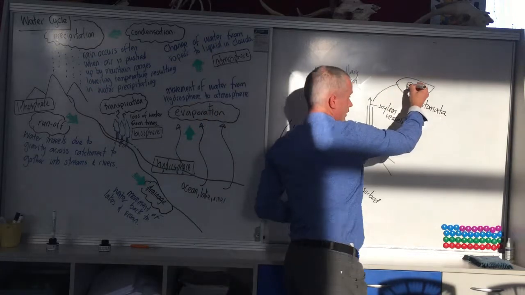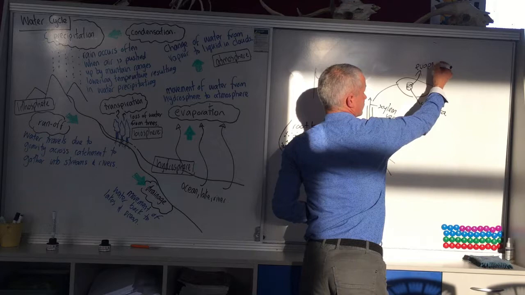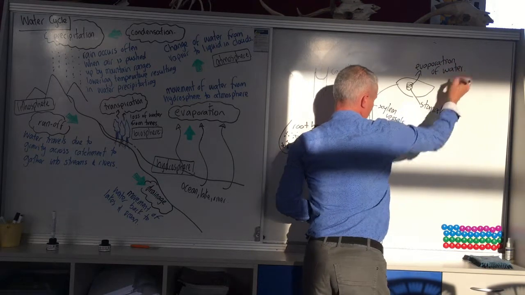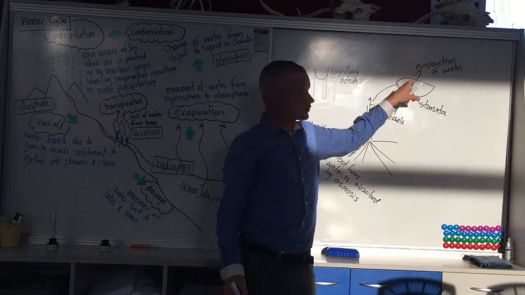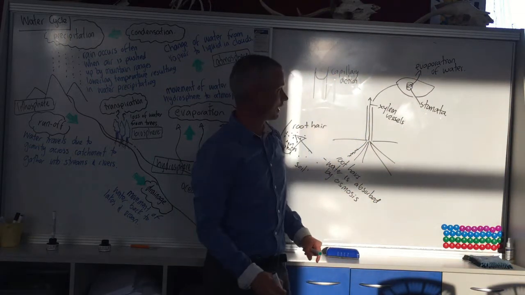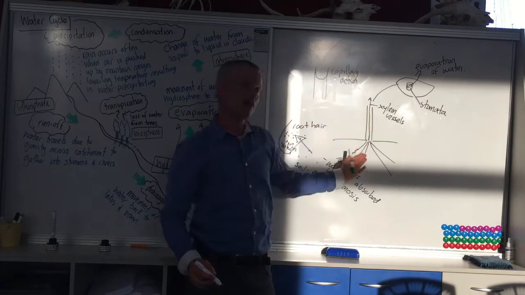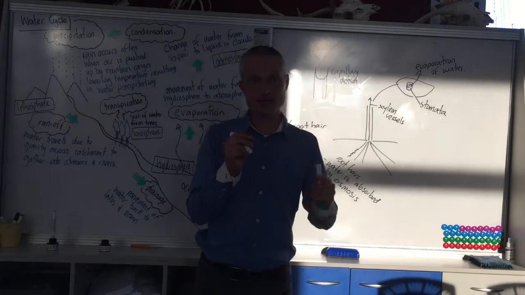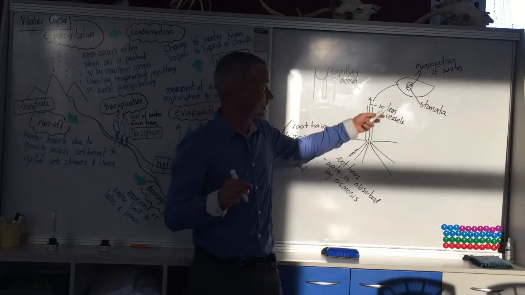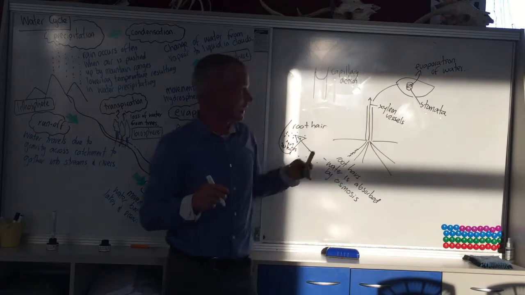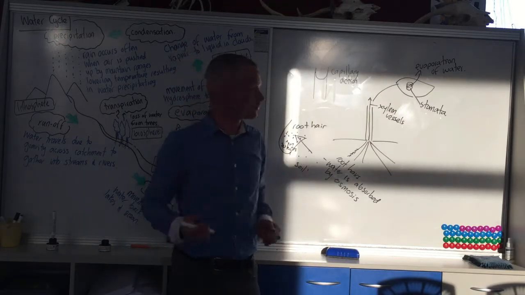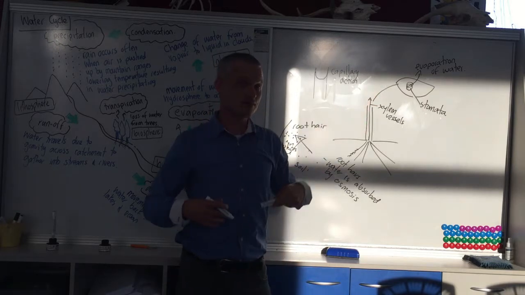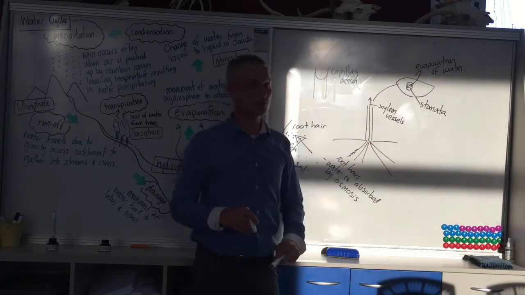And it's that loss of water through the stomata by evaporation that will draw the water up through the xylem vessel. So it's kind of like sucking on a straw. That's creating a negative pressure as you suck, and it's creating a negative pressure here too. And that negative pressure will help draw the water up through the xylem vessels. And that process is called transpiration. So the evaporation of water from the stomata is called transpiration.